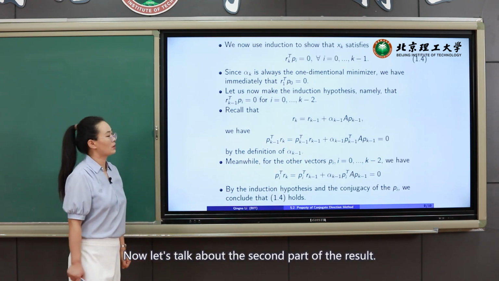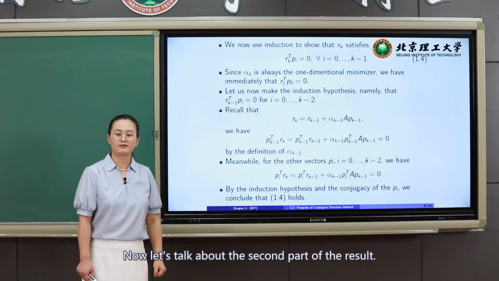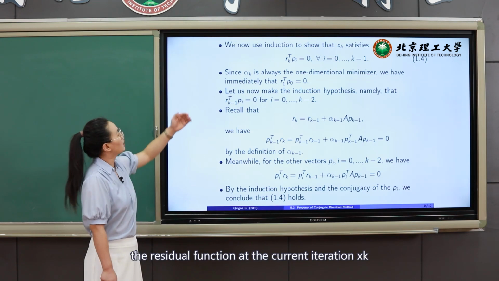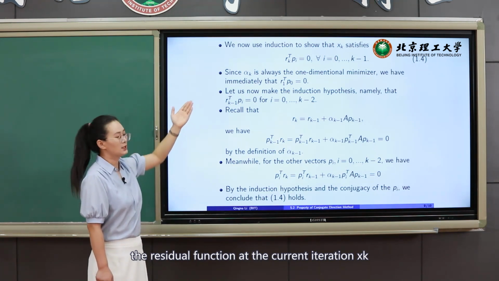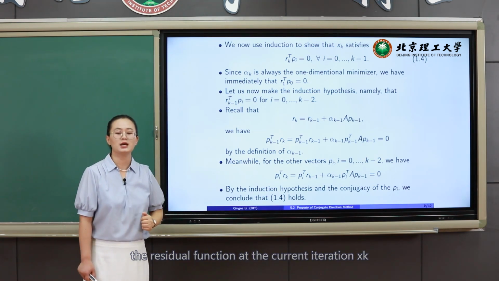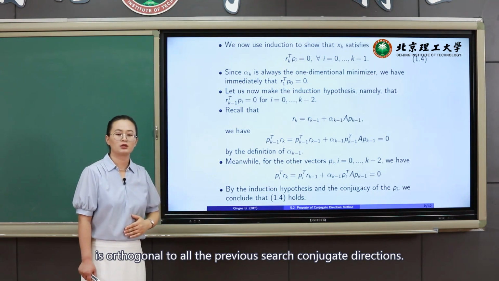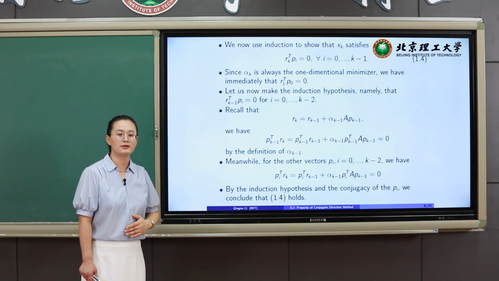Now, let's talk about the second part of the result. We try to show that the residual at the current iteration xk is orthogonal to all the previous conjugate directions. Okay?